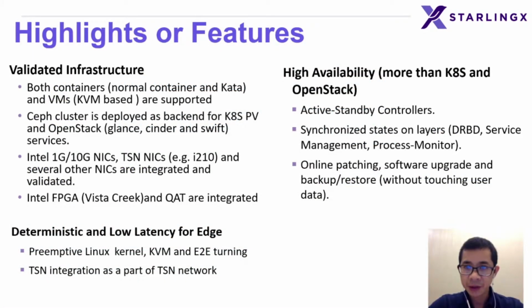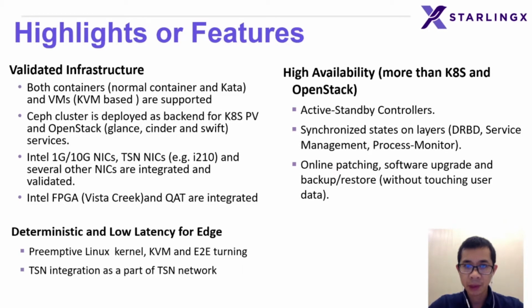On this page, we listed a few highlights or features of the StarlingX project. First of all, StarlingX is validated infrastructure. In StarlingX, both containers and virtual machines are supported. From a storage perspective, Ceph cluster is deployed as the backend for Kubernetes PV and OpenStack services such as Glance, Cinder, and Swift.